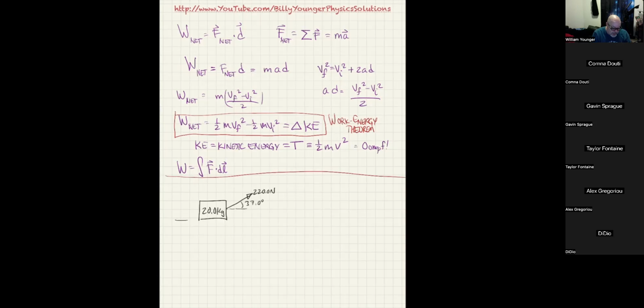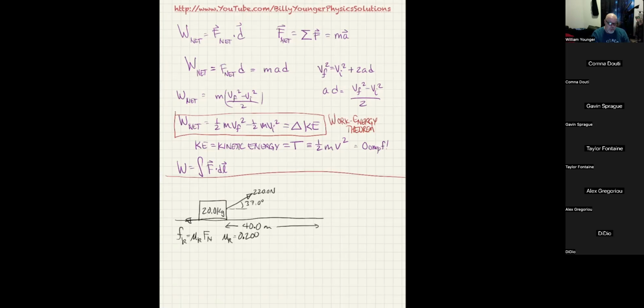And we also had that it was sliding across a surface and in fact went a distance of 40.0 meters. And we had a friction force F kinetic, which equals mu kinetic times the normal force, where mu kinetic was equal to 0.200. That's basically what we had.